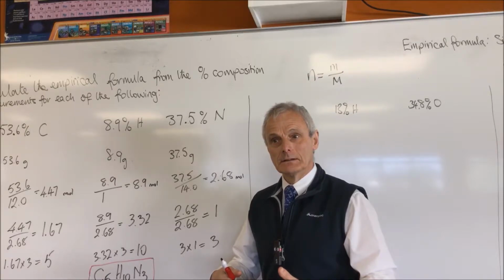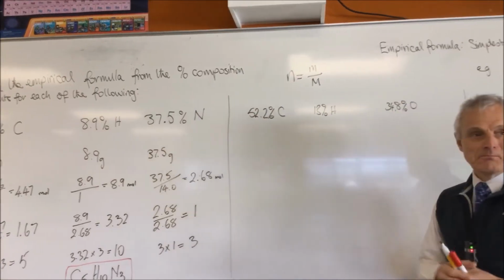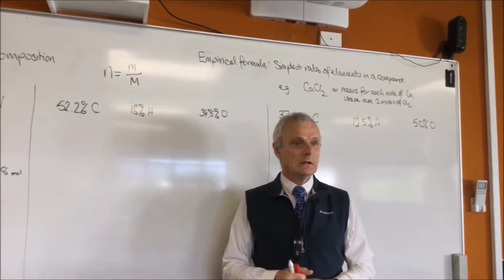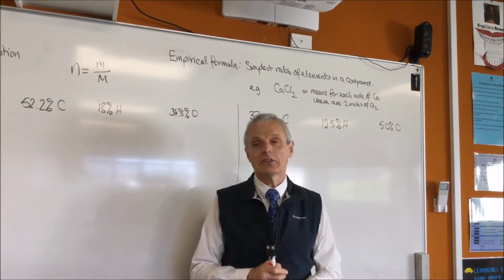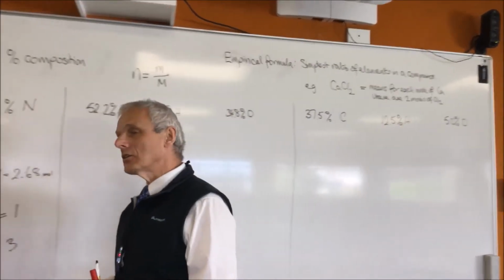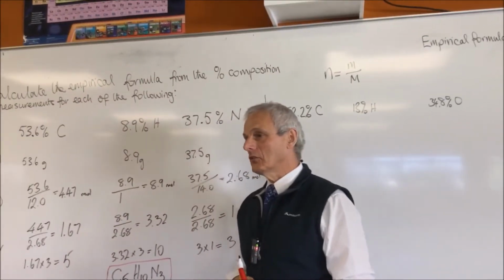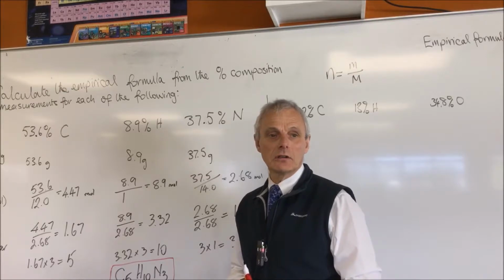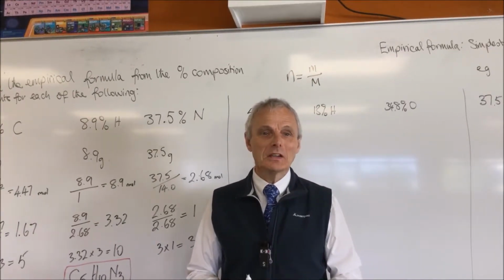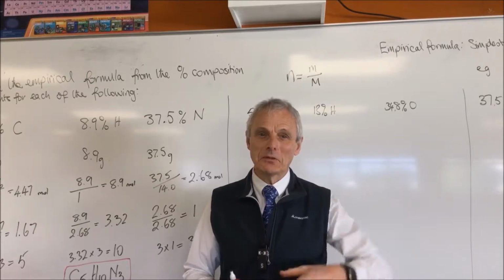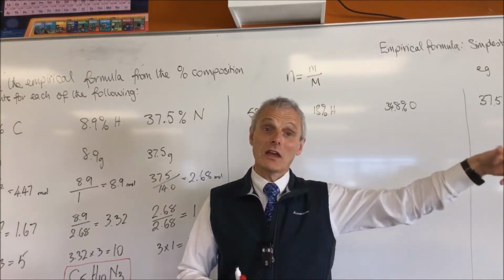Should we try this one? Any problems with that? Yes, Miss. So do you just round it up to like 5.01? Yes. Now, you've got to show some common sense here. If you get something like 5.95 and you want to make that a nice round number, you're going to multiply it by a pretty big number to get it up to a full number, so that everything else is.